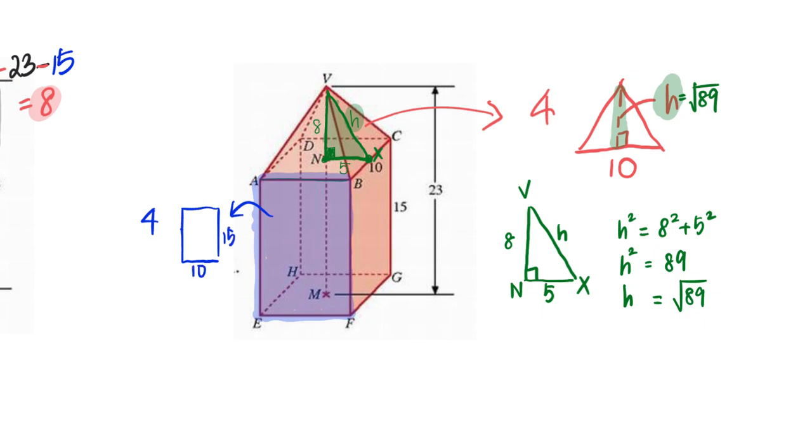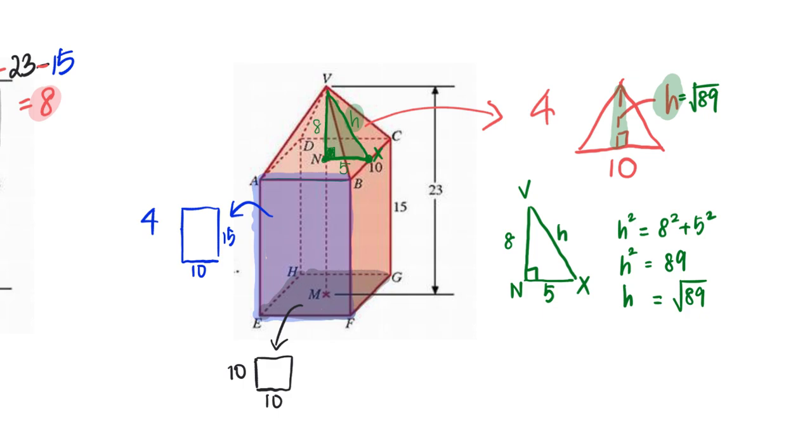And last but not least, do notice there's also a square base of 10 by 10. And therefore, the total surface area would have these 4 triangles, 4 rectangles, 1 square base, and I sum them all up.